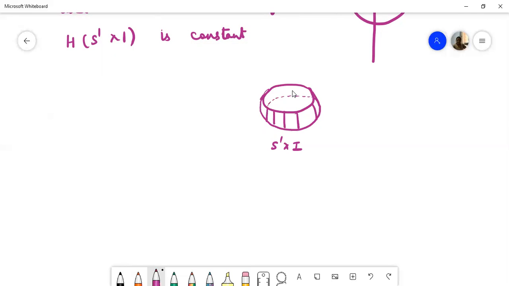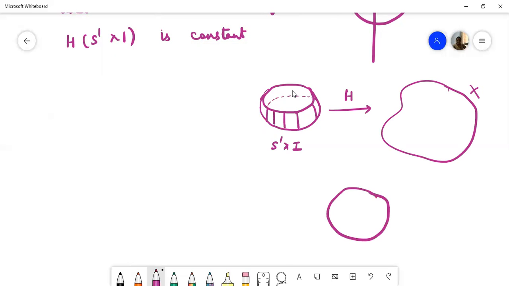Now we have a mapping capital H from S1 cross I to X. Say this is X. This is our given mapping H. And we have one more mapping. Let us say now this is B2, and this is the center of B2, 0.